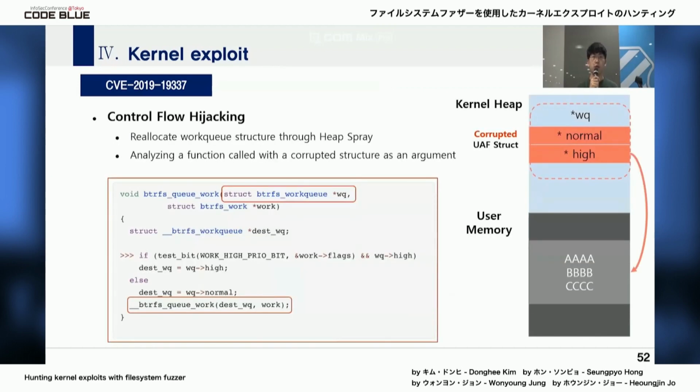Since we have to take control over the fields of the work queue struct, we started further analysis of how the fields in the work queue structure are used in operation after the btrfs queue work function.